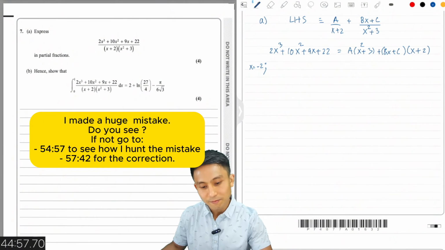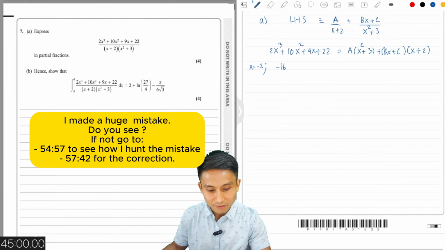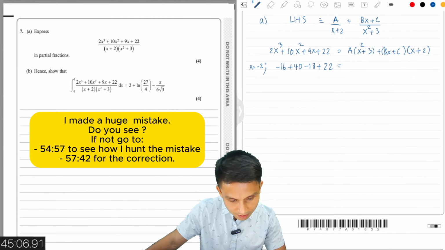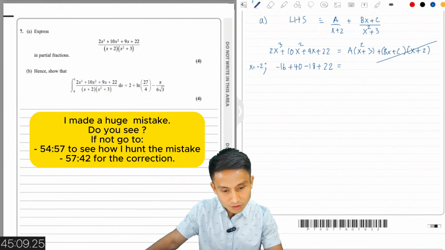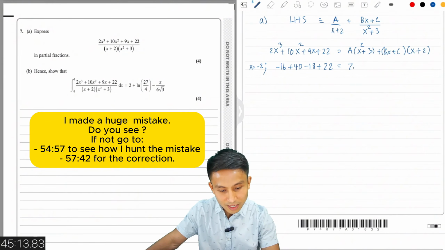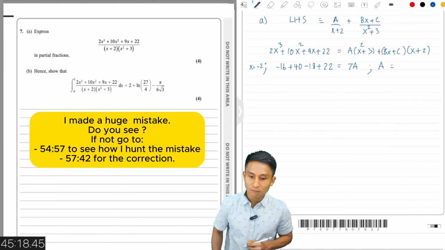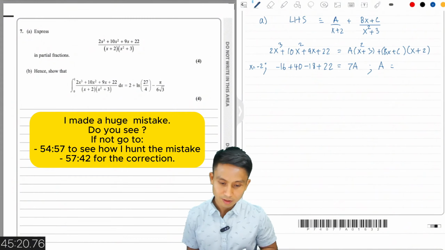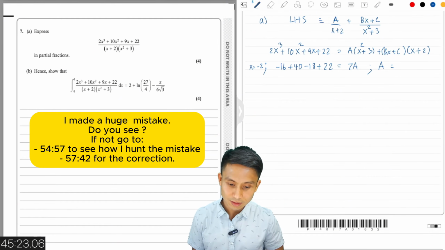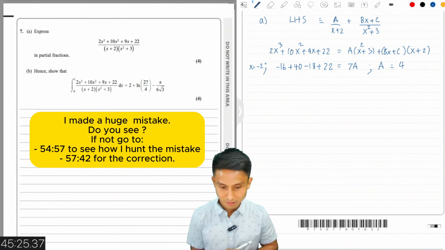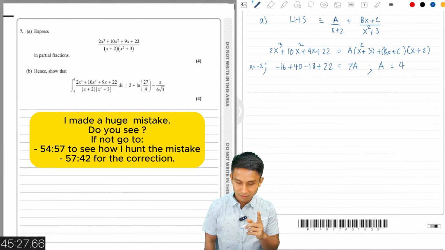So here I would have minus 16 for the first term, minus 18 plus 22. This one will go to 0, so we are only having this one. So minus 2 squared is 4, so that's 7A. That would give me A. So 28, so A is 4. Let me do that again. 28, yeah, A is 4.